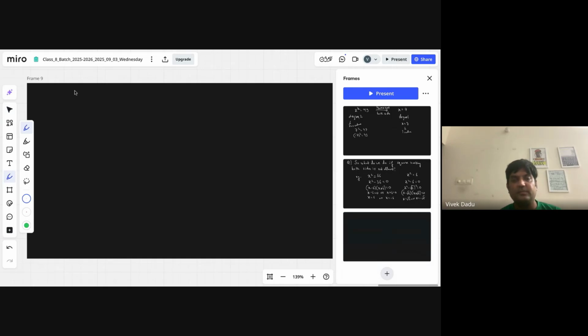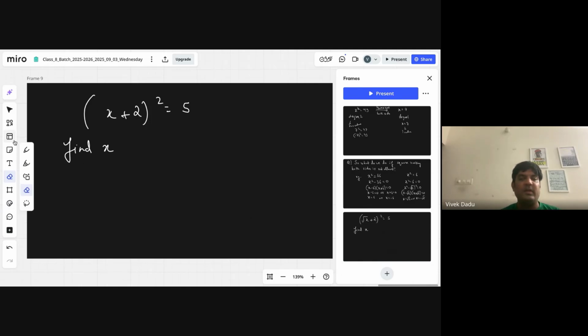Do this. Or wait, let me make it simpler to begin with. Just x plus 2 whole square is equal to 5, so solve it.